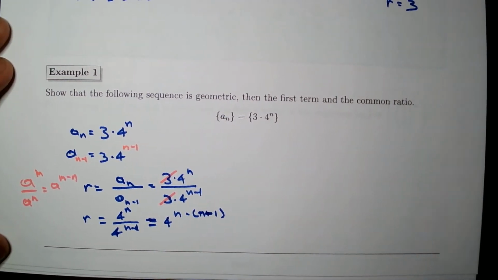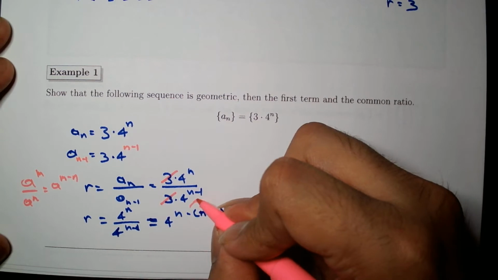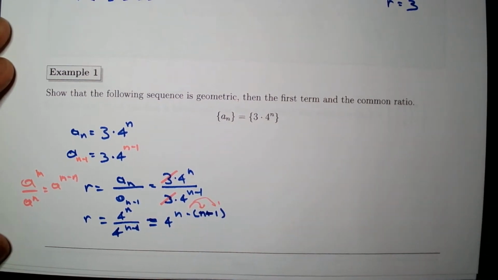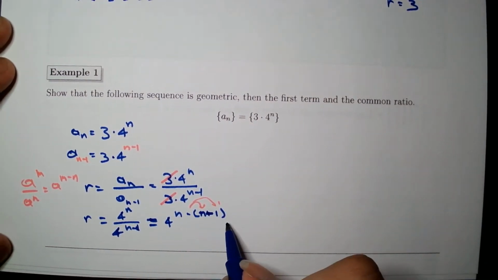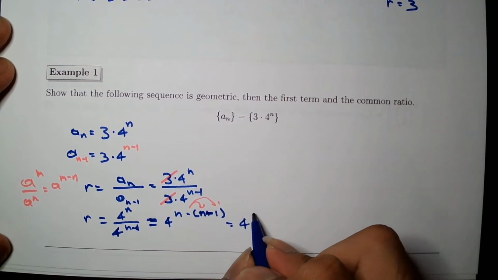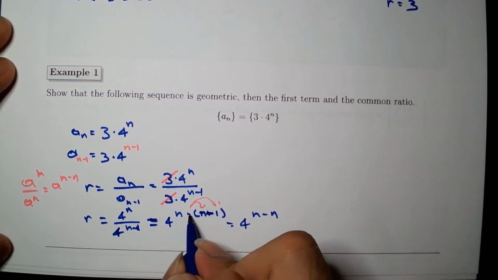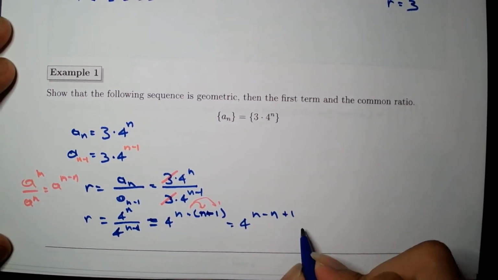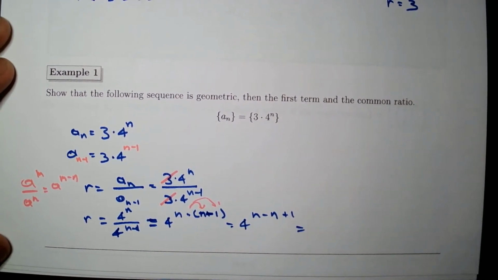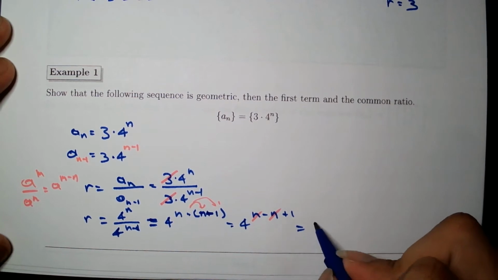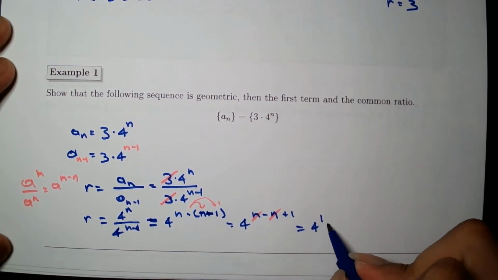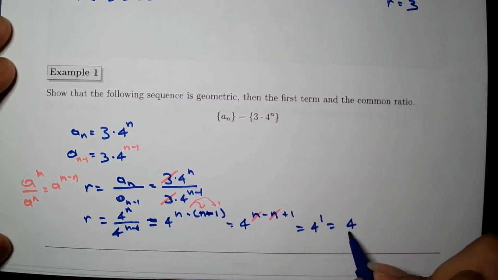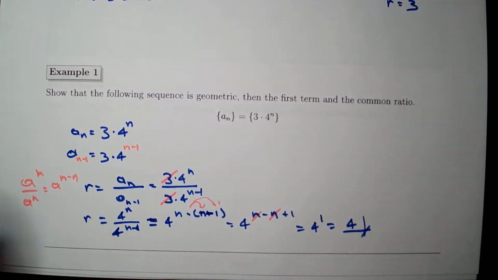Be careful with the signs: the negative sign is going to change the sign of the terms inside the parentheses. So n minus n cancels out, negative times a negative is plus 1, and we get 4 to the 1, which is simply 4. So the common ratio in this case is 4.